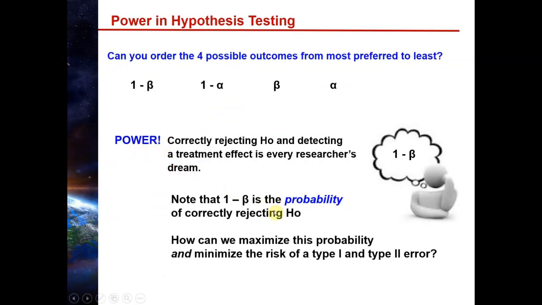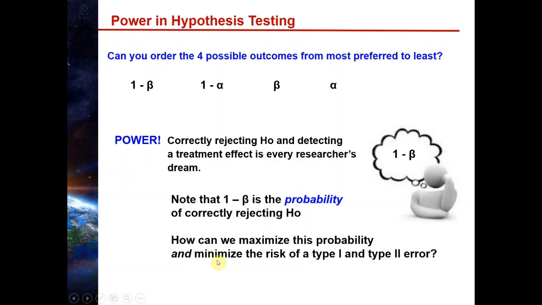All right, so all of these areas, these are all probabilities. All right, make sure you understand that. If I give you a test question and I say 1 minus beta is correctly rejecting H0, that would be false. 1 minus beta is the probability of correctly rejecting H0.